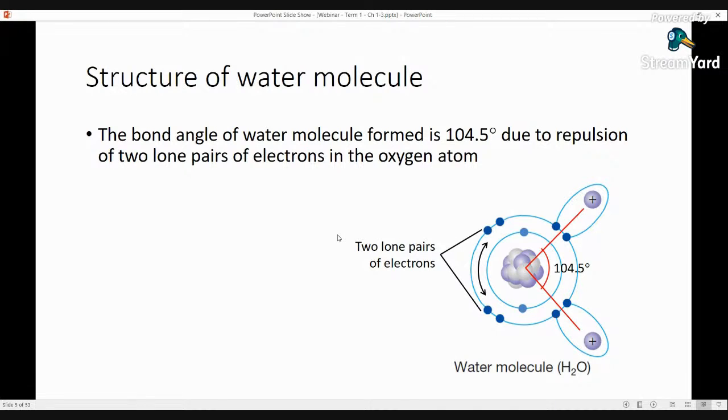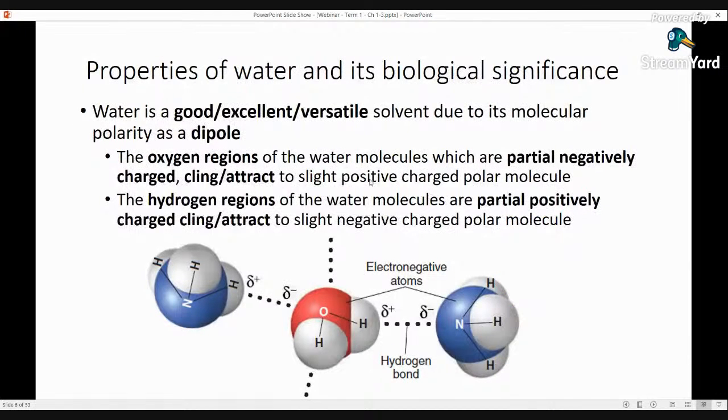The bond angle of the water molecule is 104.5 degrees due to the repulsion of the lone pairs of electrons. There are two lone pairs of electrons here. The repulsive force pushes the bonds closer, so the angle becomes smaller, 104.5 degrees. This is the structure of the water molecule.